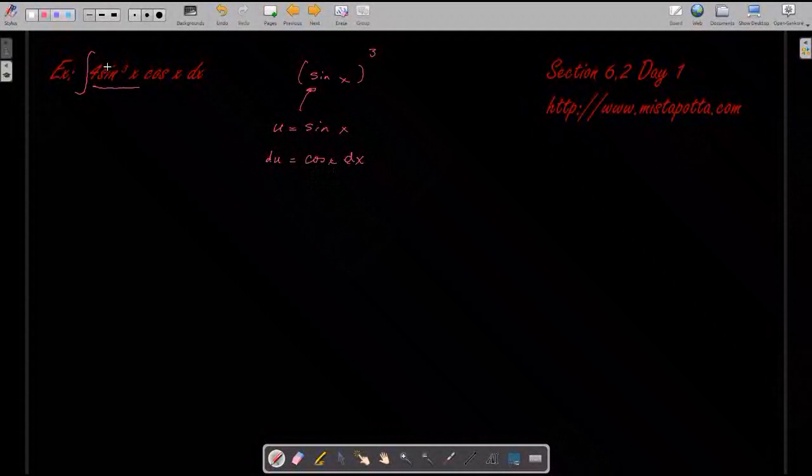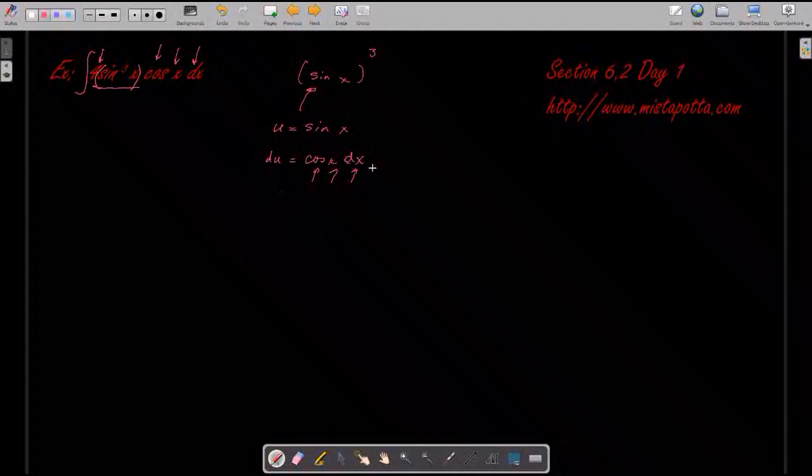I've taken care of the sine of x cubed. What I've got is a 4 and a cosine of x and a dx. And I've got the cosine of x times dx. I'm just missing the 4.